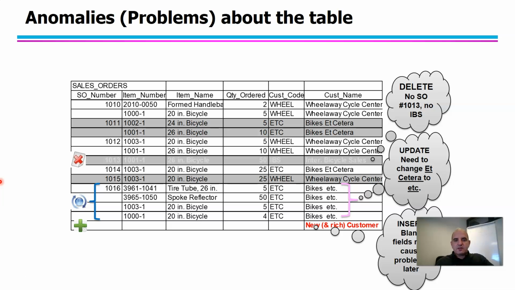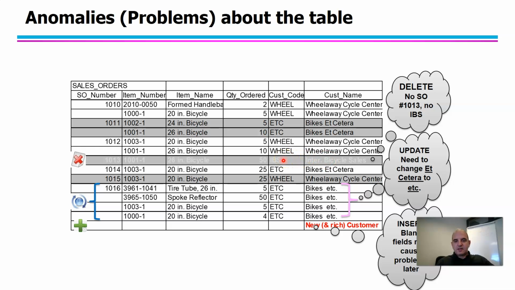For example, here you can see that Interbicycle Sales has an order with a quantity of 50. Assume that they called and canceled the order. Okay, we can delete this row. We know it from SQL, etc. But when you delete the row, the entire row is gone, and you also lose the name and the customer code information.